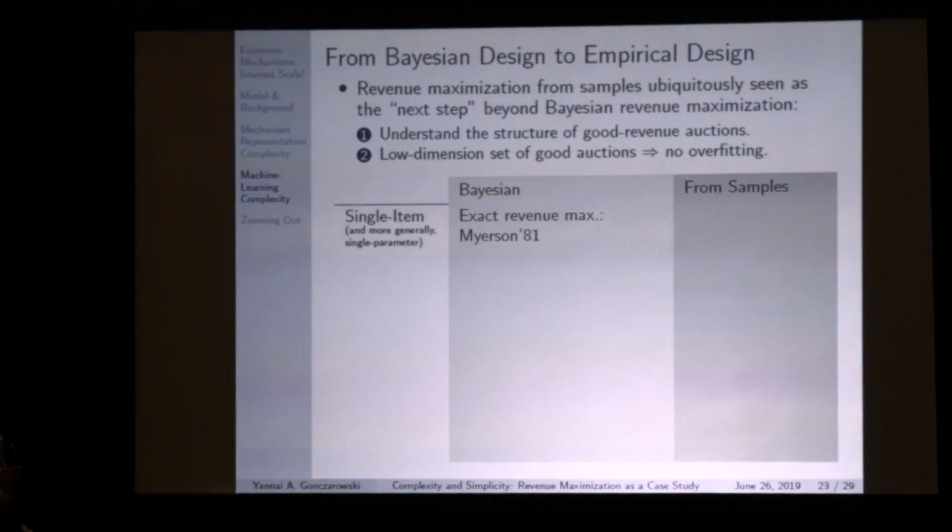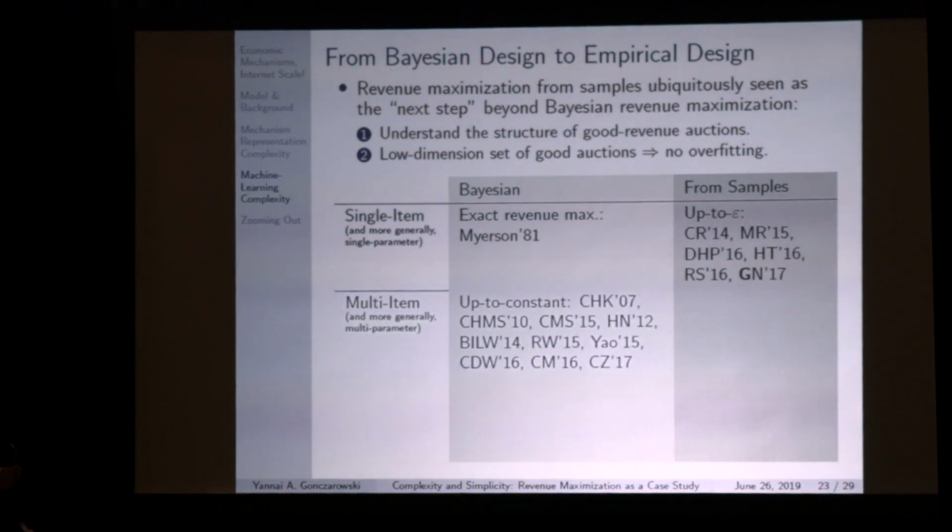And really, the literature has progressed like this. For a single item, Myerson tells us how to do exact revenue maximization. And then there's a line of work that uses the structural insights of Myerson to solve from samples in increasingly general settings. The GN is a STOC paper from 2017 with Noam that I won't get a chance to talk about today.